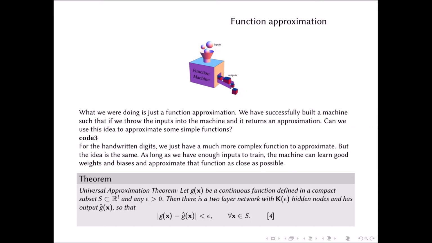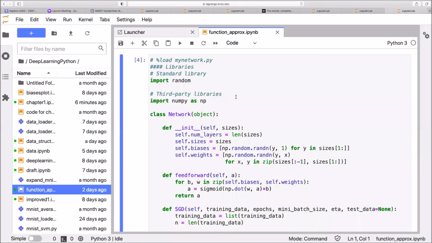So I was wondering, can we build a simple network that can approximate that simple function, x1 squared plus x2 squared over 2? So I modified his code a little bit. Most of the code is still from the author.